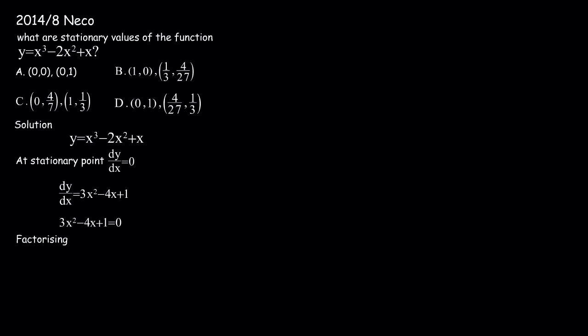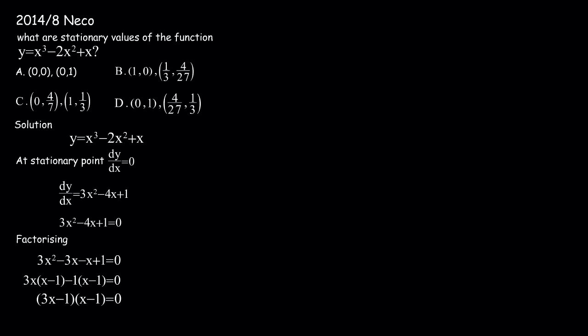So splitting minus 4x into minus 3x and minus x, it becomes 3x squared minus 3x minus x plus 1 is equal to 0. Now factorizing, it becomes 3x in bracket x minus 1, minus 1 in bracket x minus 1, is equal to 0. Since the expressions in our brackets are the same, we can factorize further to 3x minus 1 in bracket x minus 1 is equal to 0.